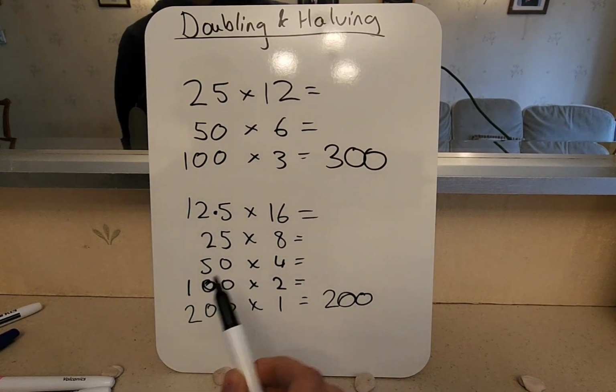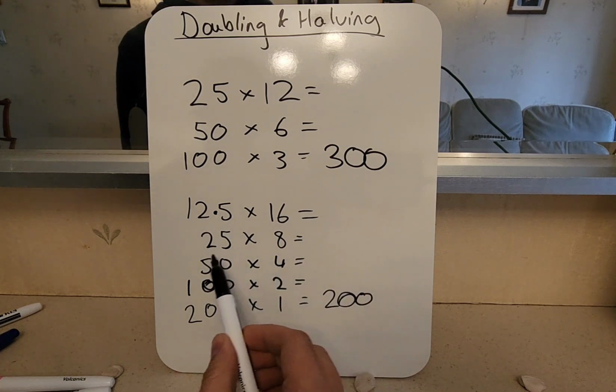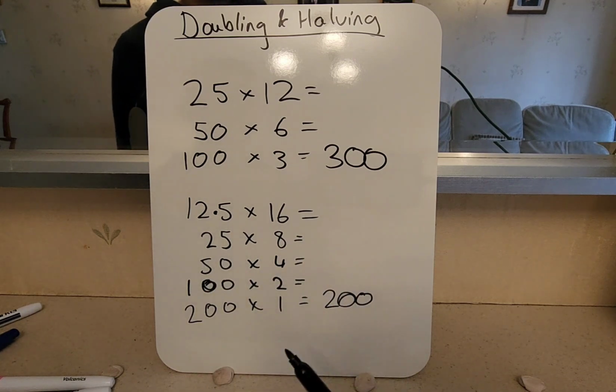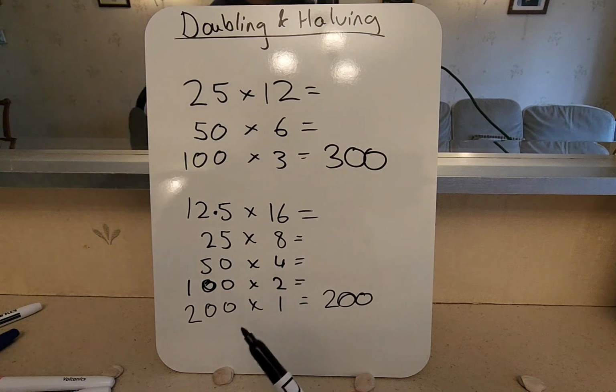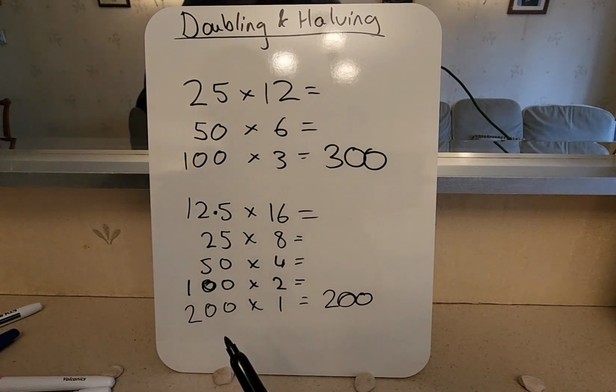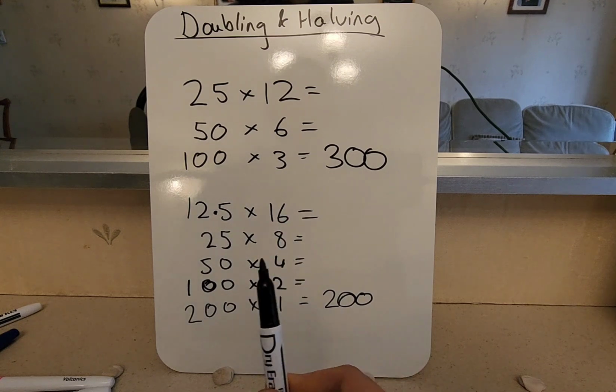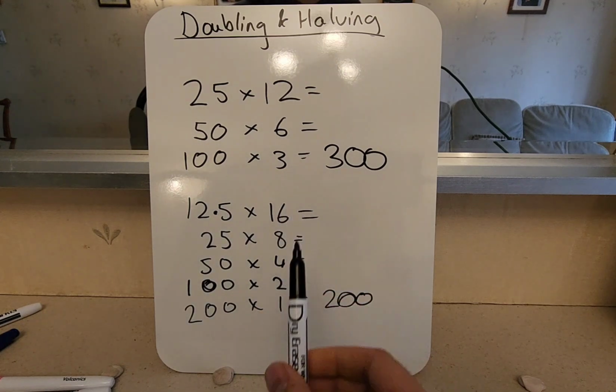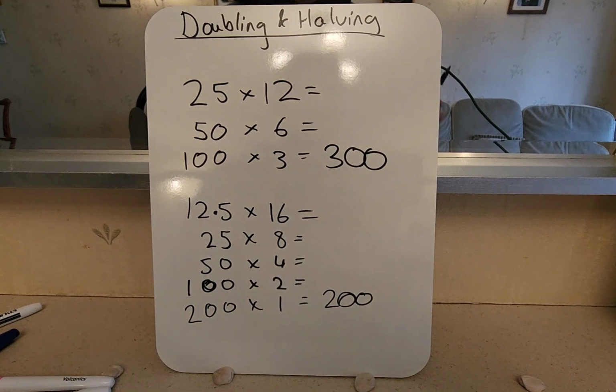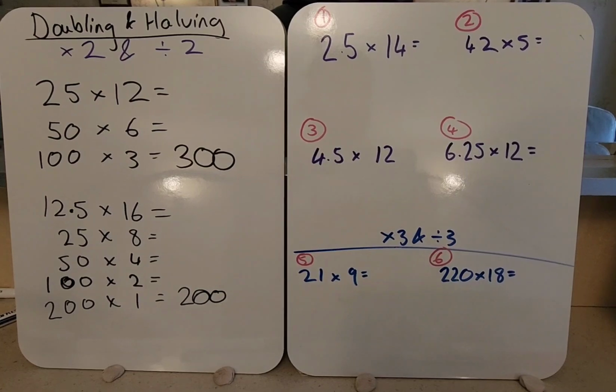Now it might have been that this is the point where you felt comfortable. You might have felt comfortable here or here, or even down here. It doesn't matter. This technique is great for certain numbers. But in particular, at least one of the numbers that you are using this on, the halving number, should be an even number.